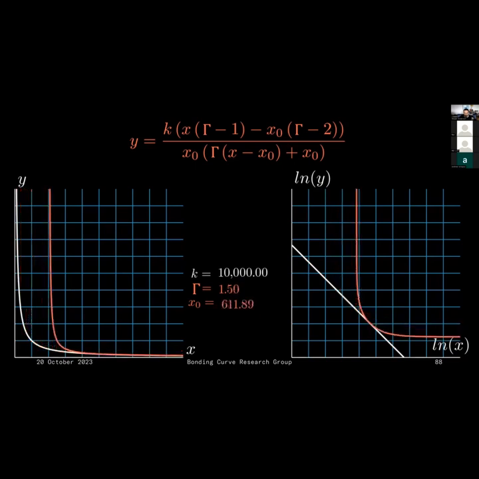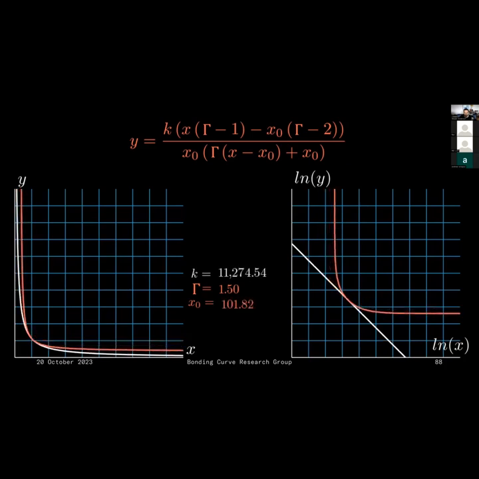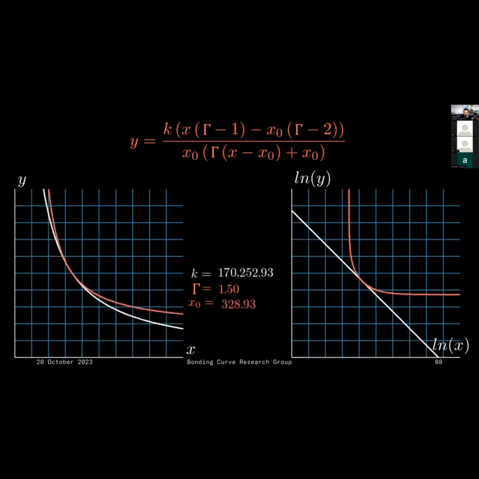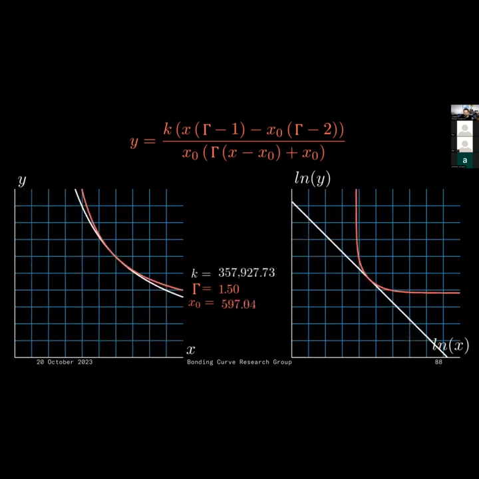So again, as we move gamma now to values higher than 1, we get contracted bonding curves. But everything else that I've said up until now still remains true. You can see here as I move x0 around, all I'm doing is changing the point at which the amplified, or in this case contracted, curve is touching the other curve. And when we move to negative gamma values, we're effectively taking the mirrored version of this thing.